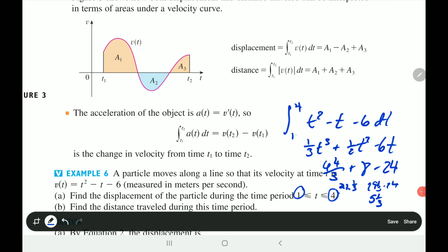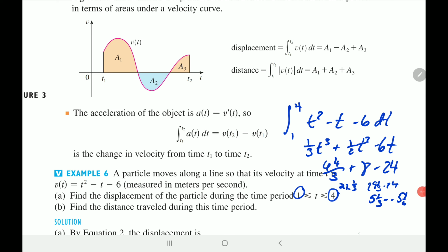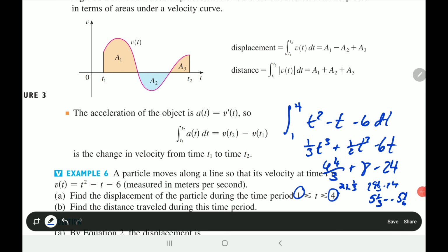Now if I plug in 1, that's going to give me 1/3 plus 1/2 minus 6. So it's going to become 1/3 plus 1/2, that is 5/6, minus 6, that becomes negative 5 and 1/6. So minus a negative 5 and 1/6.